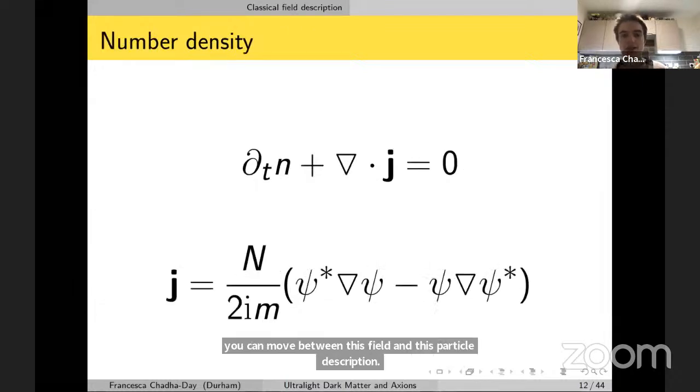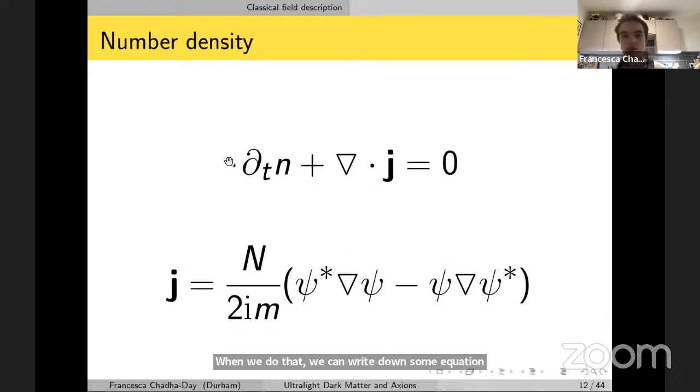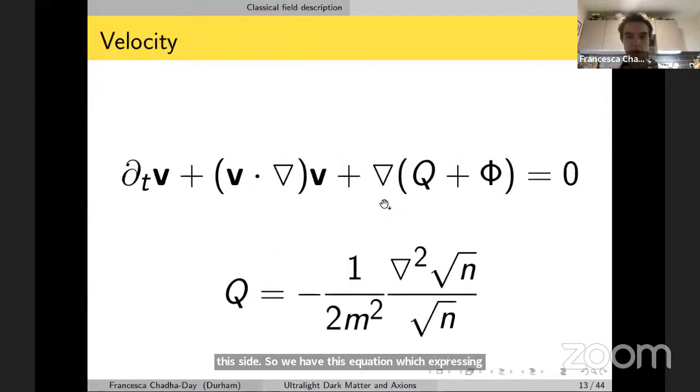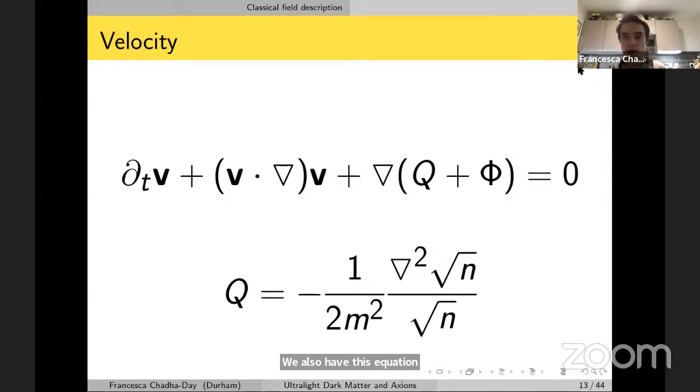When we do that, we can write down some equations for the number density of dark matter in terms of what we can think of as a current term for this psi. So we have this equation, which is expressing conservation of dark matter particle number. We also have this equation, which looks quite a lot like a fluid equation, with this extra term Q, which looks complicated, but we're going to discuss what it means physically.